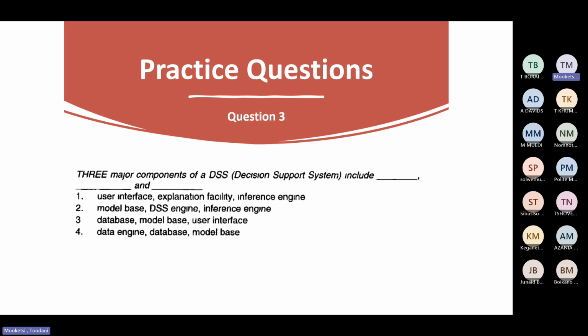Option 2, model base, DSS engine, inference engine. Or option 3, database, model base, and user interface. Or option 4, data engine, database, and model base. This is that diagram that I showed with the components of a DSS.